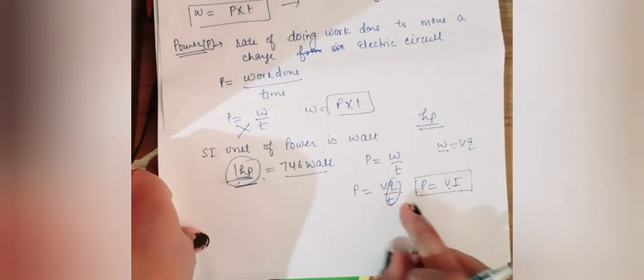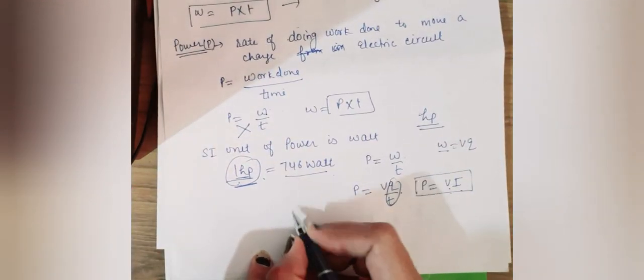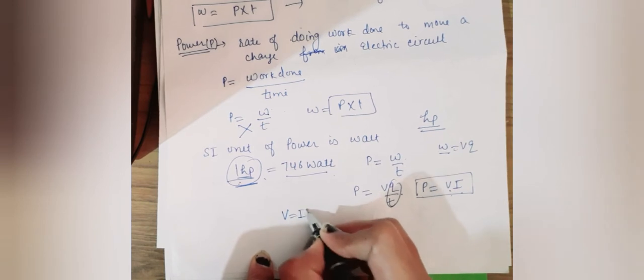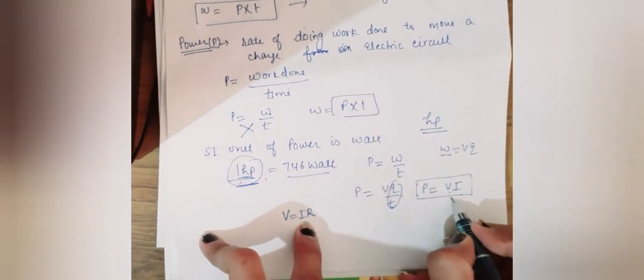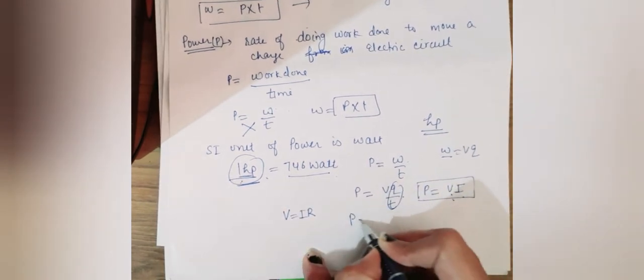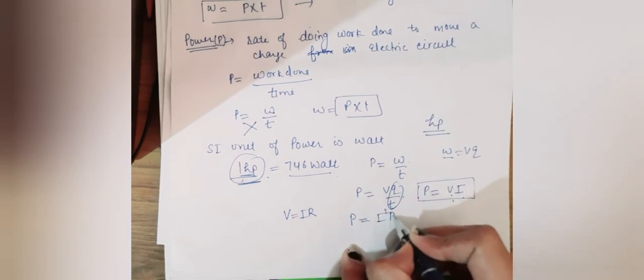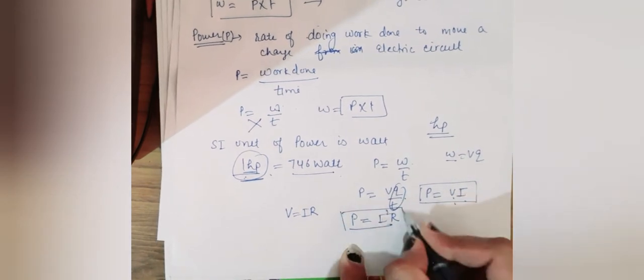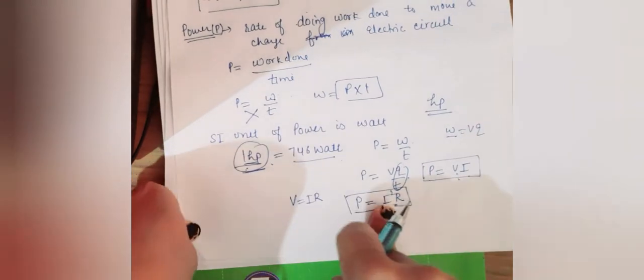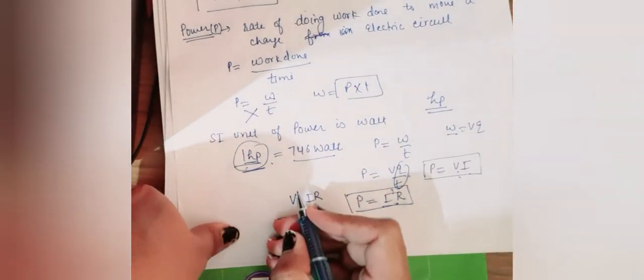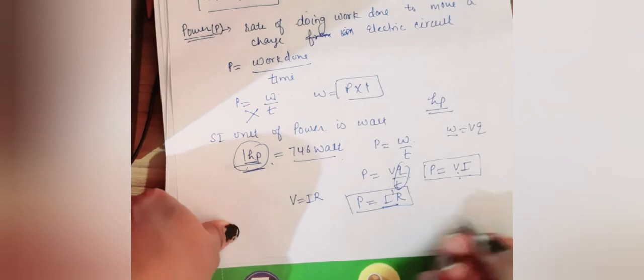Then we can also derive another relation. We know that according to Ohm's law, V is equal to IR. So we can put the value of V, then we get I square R. This is another relation. This formula is used in various numericals to calculate the power.